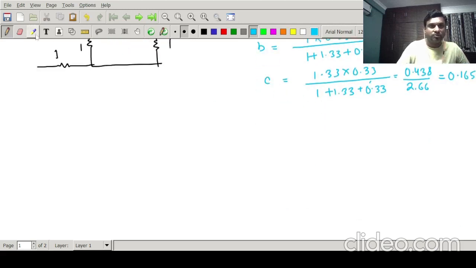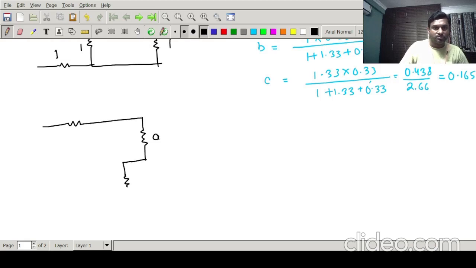So I will redraw the circuit like this. This is your A, this is your B, this is your C. Previously 1 is there, and this side also 1 is there.